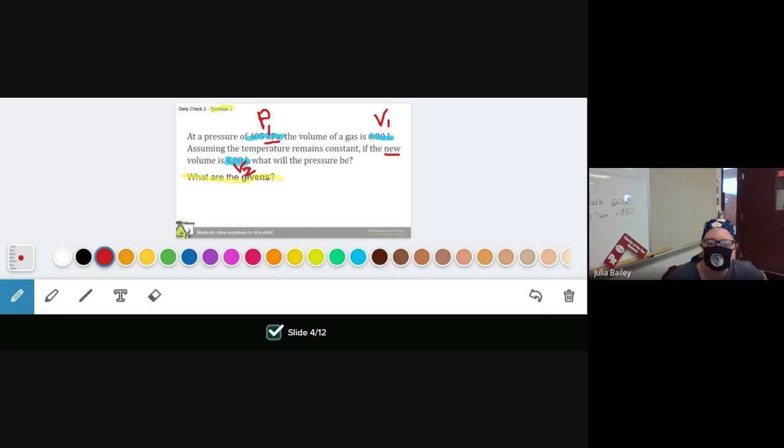Something is wrong with how it's grading the daily check, just FYI. I don't know why it's messing that up, but when you submit your daily check, it might not give you a grade right away. I can't figure out what Schoology is doing. It's trying to make me hand grade a question that has answers programmed in.